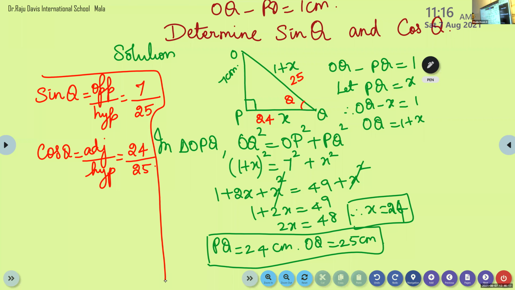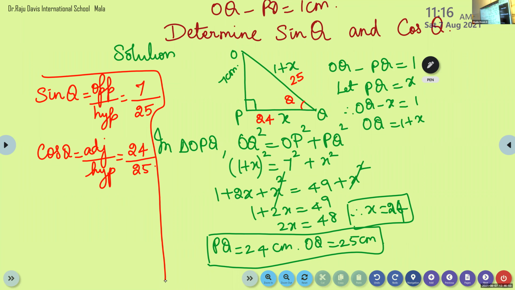After writing P and Q, we are calculating the sides of the triangle. After calculating the sides, we find out the trigonometric ratios, sin Q and cos Q. So, in triangle OPQ, angle P is 90, OQ is given as 7 centimeter, PQ is given as 24, OQ is given as 1 plus x, which is 25.